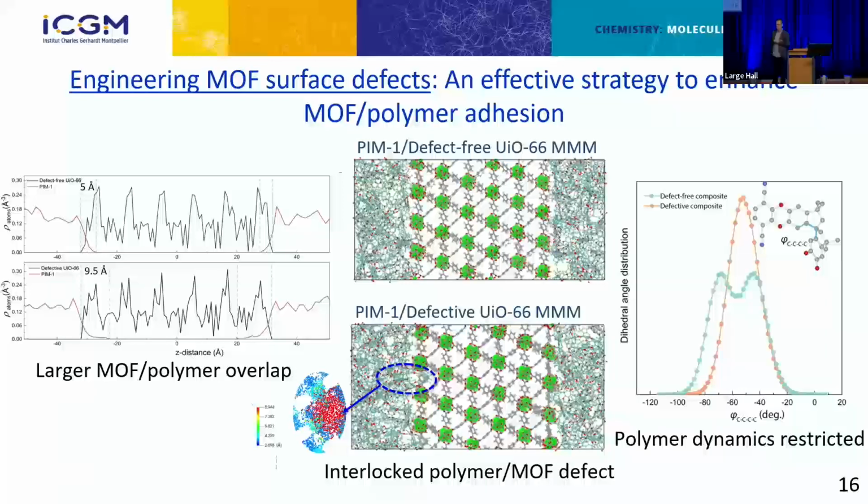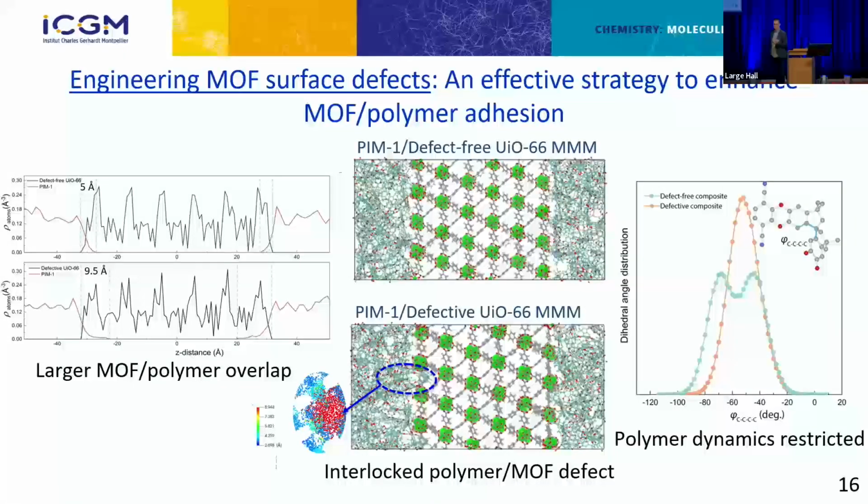And what is also interesting is that in this graph you have the non-defective one in green and the defective one in orange. Here is the polymer dynamics. Here we follow the dihedral angle distribution of the PIM1, and you see clearly that you have two peaks in the non-defective one.